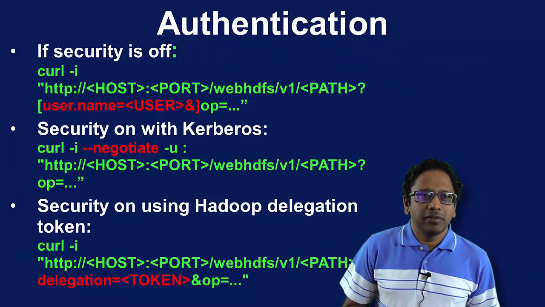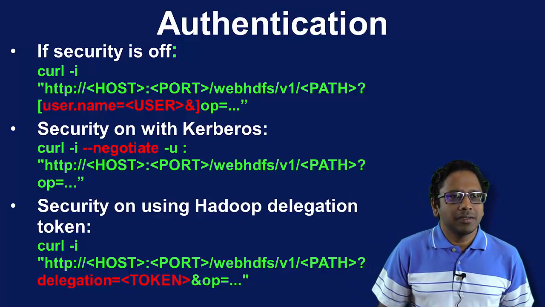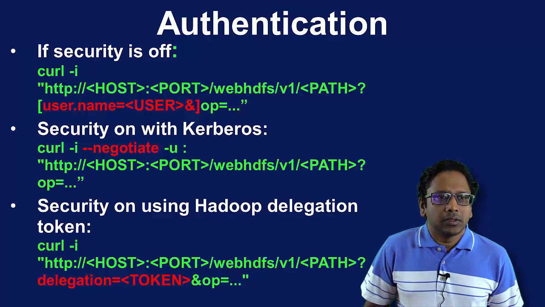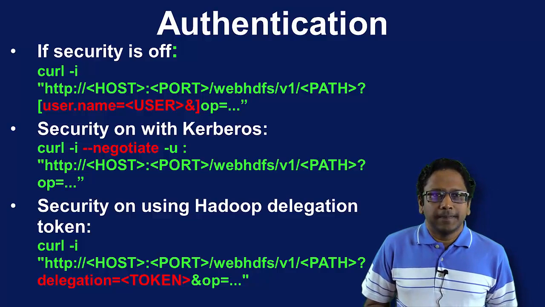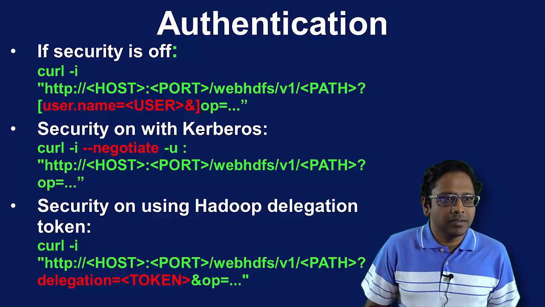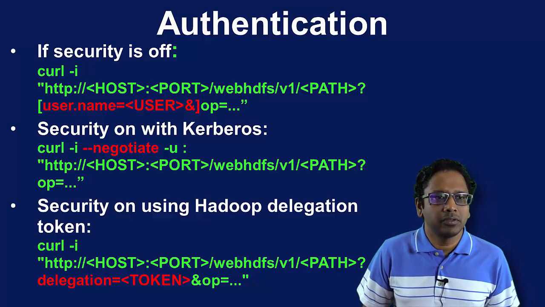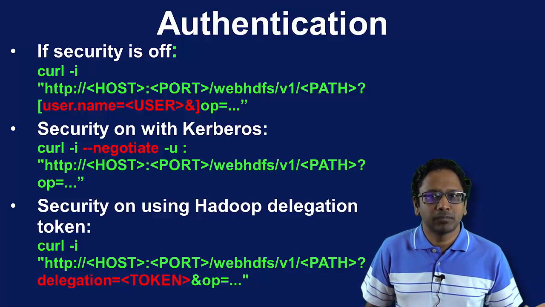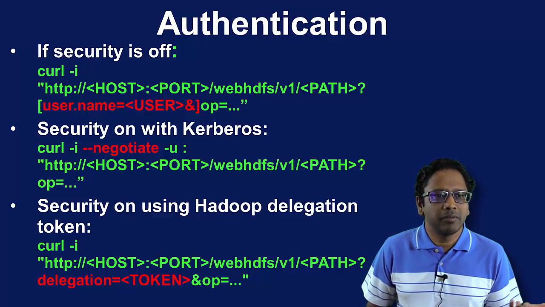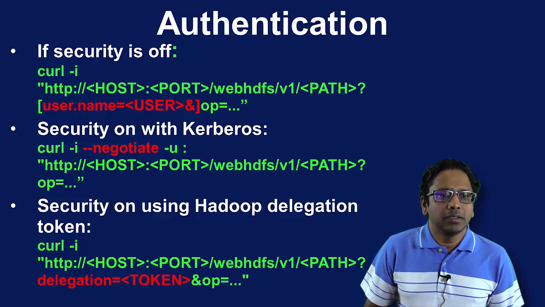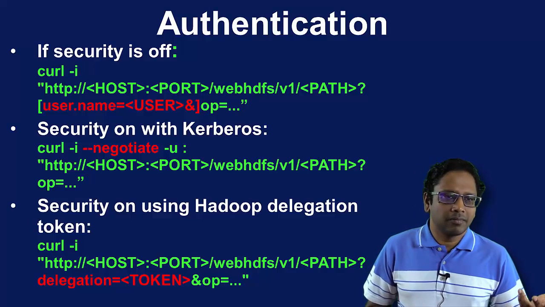So before we jump into some commands, let's look at the authentication pieces. If security is off, which is the case here, all you need to do is specify a username. So in your commands, if you do user.name equals the particular username, that's good enough. If you've got security on, there are a couple of options.